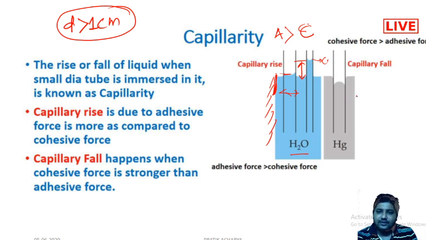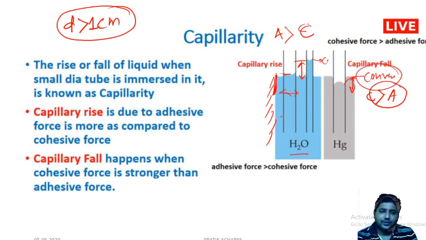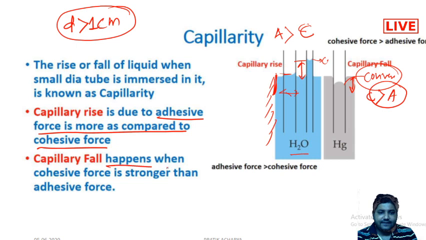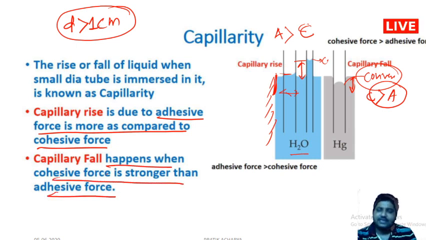But in the case of mercury, the cohesive force is greater than the adhesive force, so the liquid falls to a certain distance and the meniscus is convex. Capillary rise is due to the adhesive force being more than the cohesive force. What is adhesive force? It is the force between molecules of different nature, like water and glass, milk and water, or air and water.